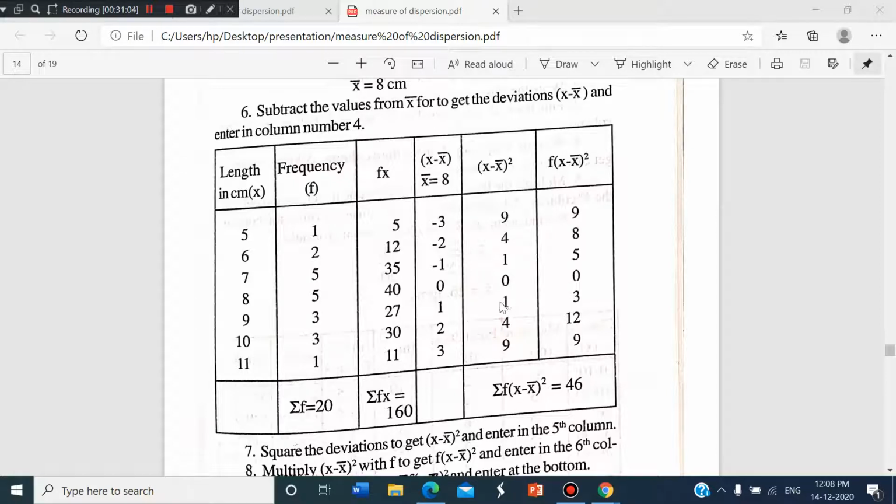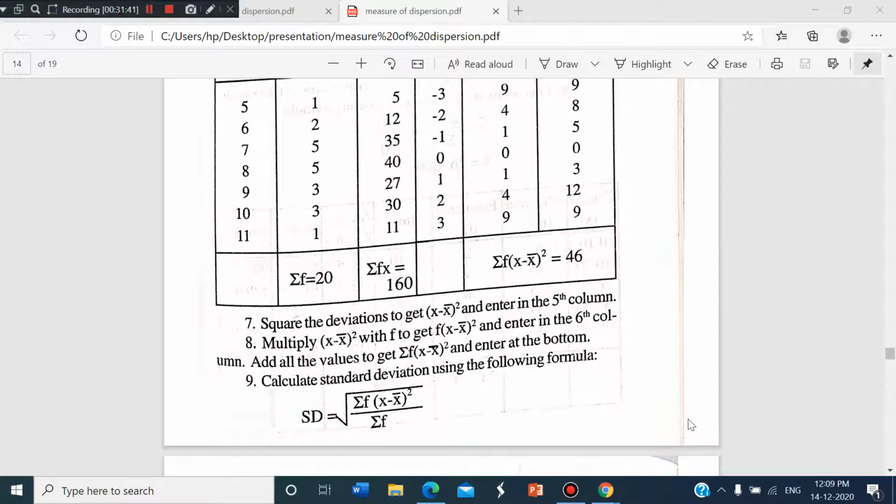Then the fx value, we will take here only the f value. F into 1, 3, 4 into 3 is 12, 9 into 1 is 9. So summation f into x minus x bar square equal to 46.